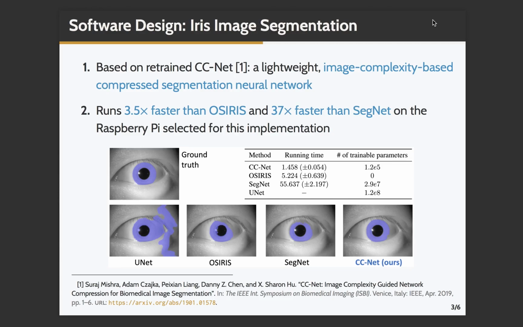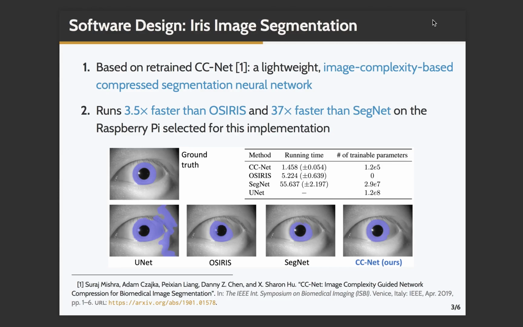Therefore, this makes our network ideal for deployment on a mobile device with limited computing power, such as Raspberry Pi. And from the table here, we can see that we have much fewer trainable parameters. Although OSIris does not have any trainable parameters, the Viterbi algorithm underlying it takes a lot of computation power of the CPUs.